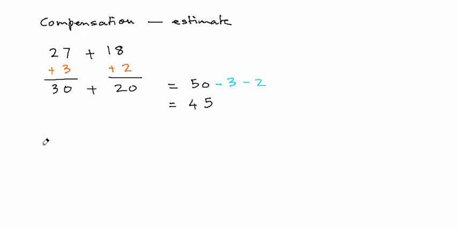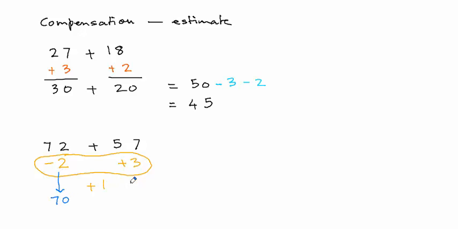Similarly, if you want to do 72 plus 57, you can change the 72 to a 70 by subtracting 2 and then 57 to a 60 by adding 3. So effectively you are adding 1 to these two numbers, taking away 2 and then adding 3. And the new numbers you get are 70 and 60, and they're very easy to add. 70 plus 60 is 130 because 7 plus 6 is 13.